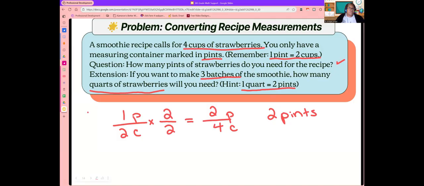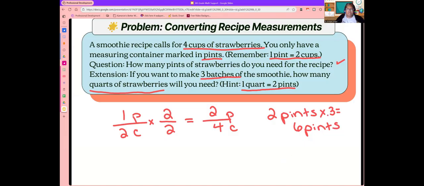So if we look at 3 batches of the smoothie, first let's see how many pints that would be, because this is for 1 batch. If we multiply this by 3 batches, that's going to give us 6 pints.